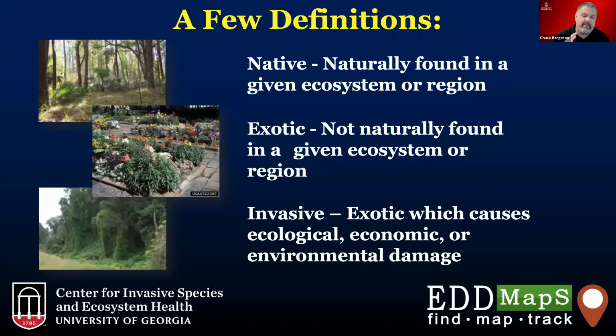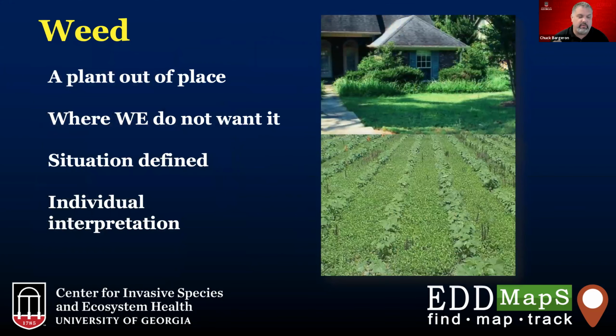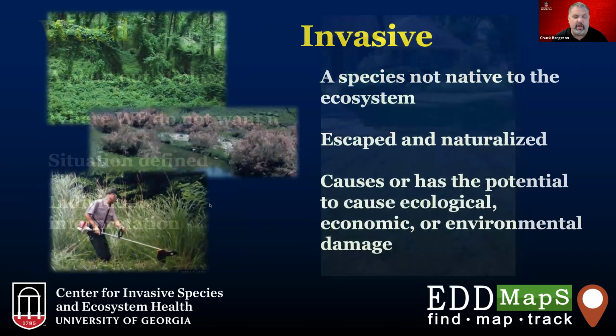Again, I'm not saying that we can't have exotic plants and we need to just focus on natives, but we just need to be careful and understand that everything that's a weed is not necessarily an invasive species. We do have native weeds that cause problems in agriculture and in our landscapes as well.